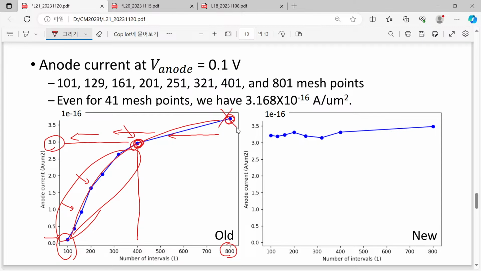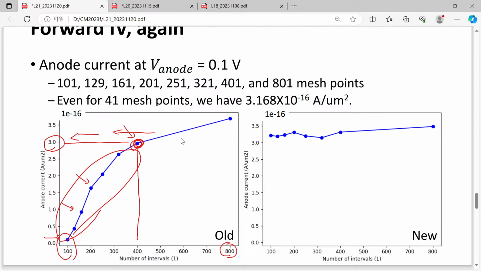Without this test, I cannot assure that my current value is correct. So unfortunately, we have to increase the number of points to get convergence in the anode current.